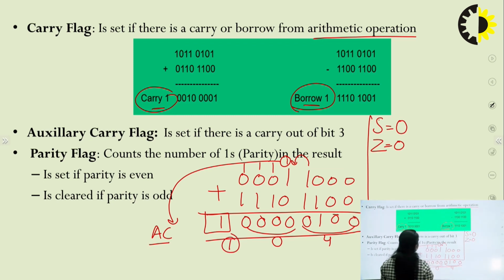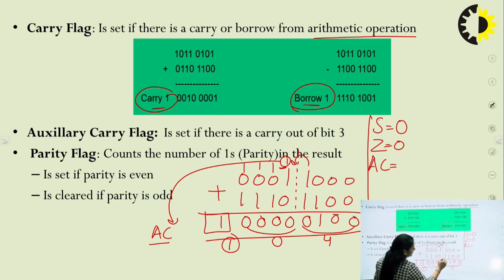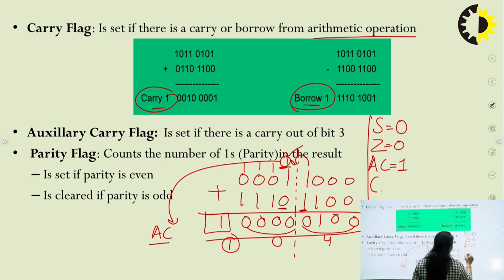So next is the auxiliary carry flag. If a carry is generated from the lower nibble to the higher nibble, then this carry is the auxiliary carry. For this particular example, the auxiliary carry was there, so it will be 1. Next is our carry flag.